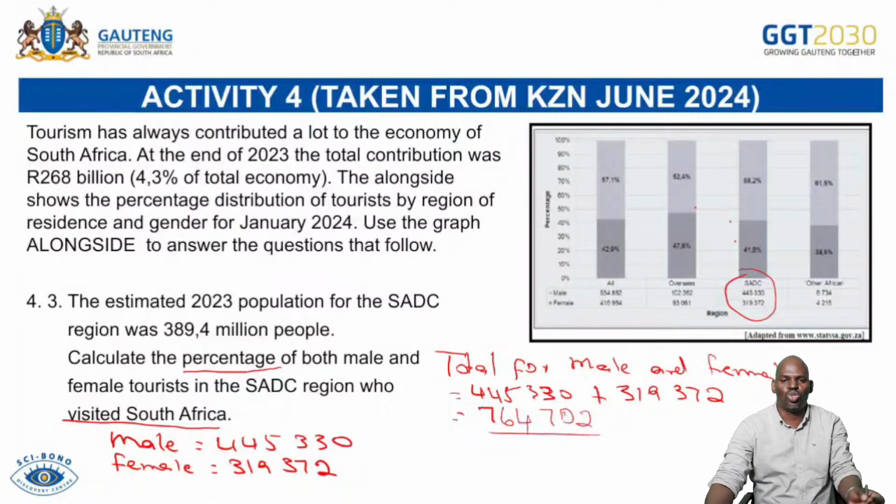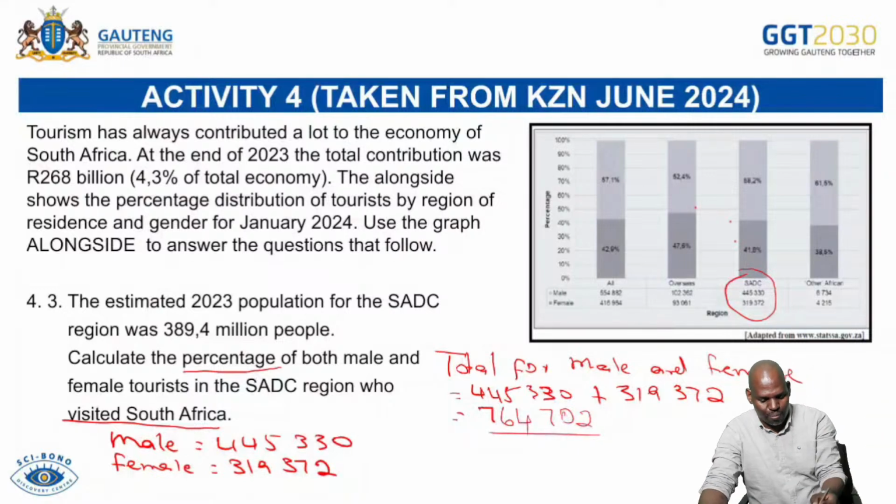But now, how do I calculate the percentage? For the percentage, I'll now say 764,702, then I divide it by 389.4 million.